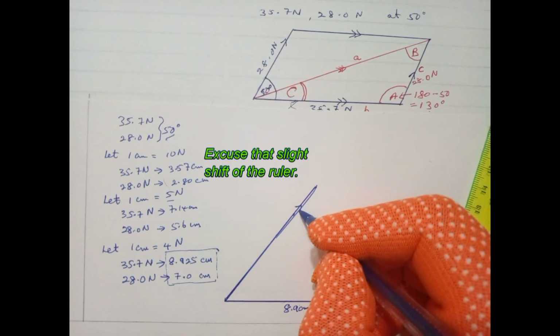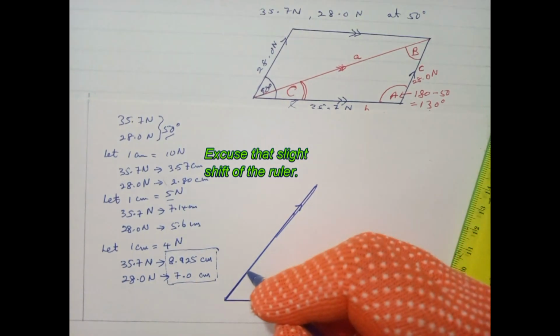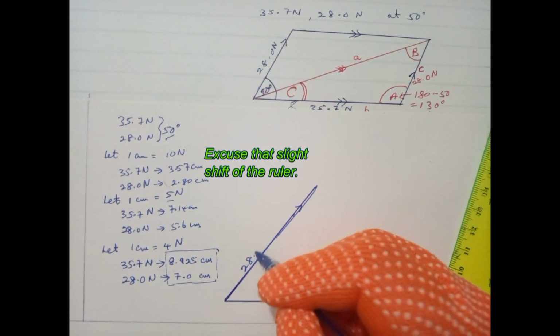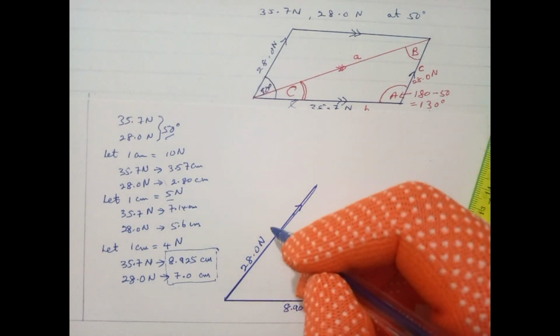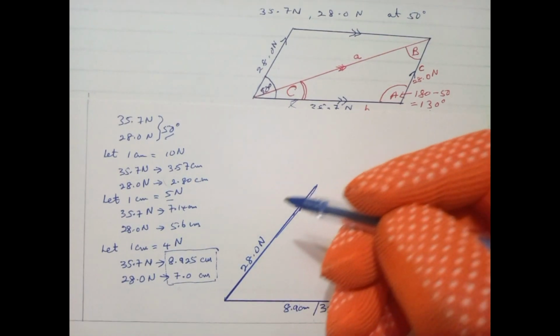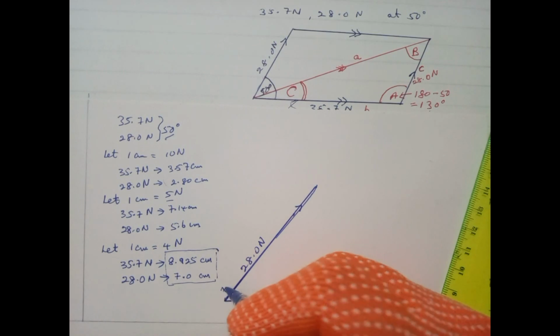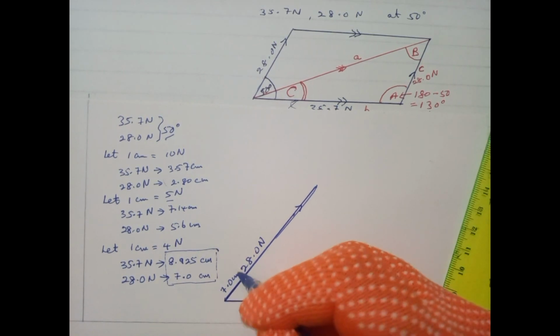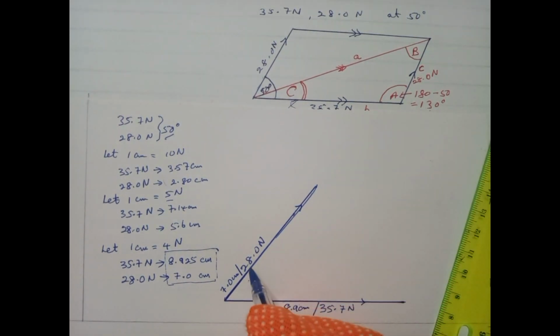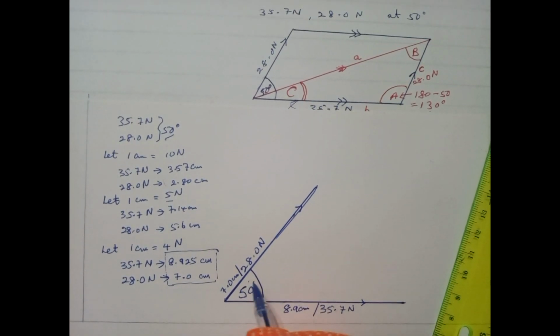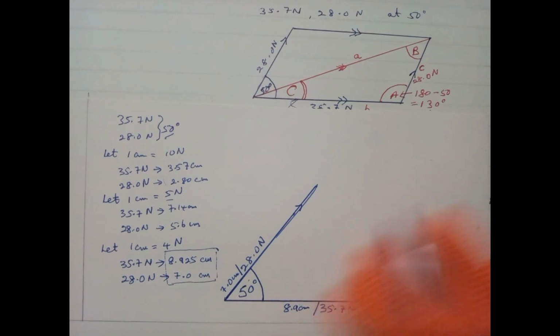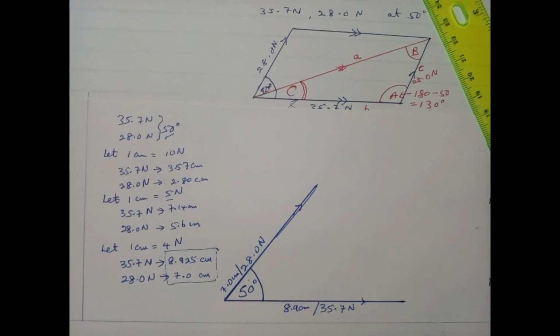So this force here is 28.0 newtons, which is represented by 7.0 centimeters. And this angle here is 50 degrees. Now we need to complete this parallelogram.